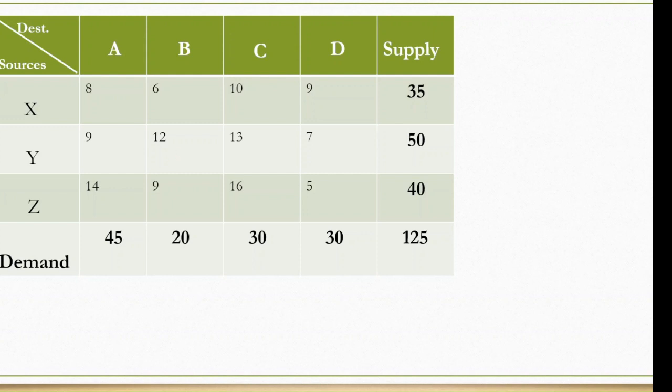Now in this case, if you'll consider again, it's a balanced one, so we could calculate it again. So this would be the exercise. You can practice this, you can try it, the balanced transportation problem, and in the next lecture I'll be taking the examples of the unbalanced transportation problems.